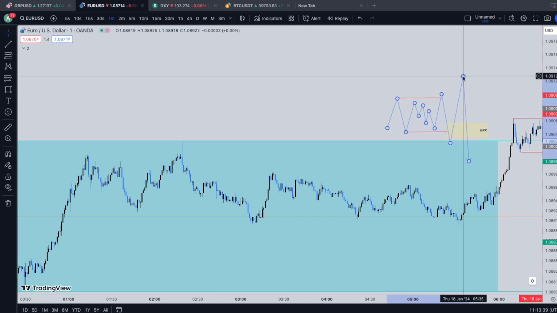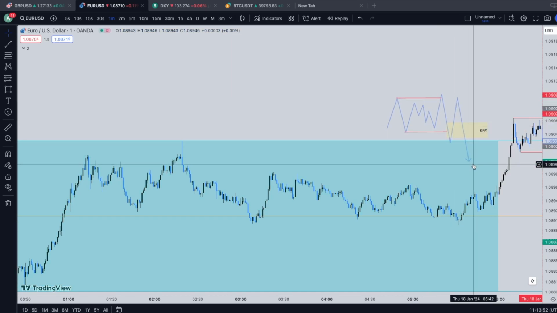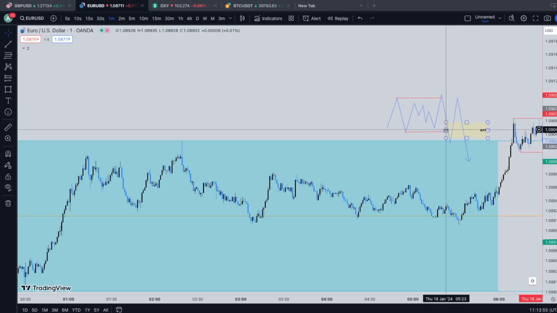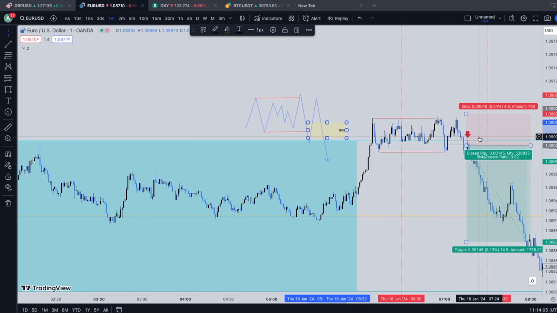So from this pullback, there's still a probability price could go higher. Therefore, we need to wait for extra confirmation that price has failed to create a new high, and the imbalance that was created that pushed that leg up, there needs to also be an imbalance on the way back down. Now we will play that by the balanced price range after price has broken the previous low and returned back into it, and that would be our entry.